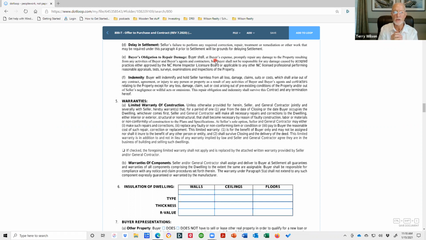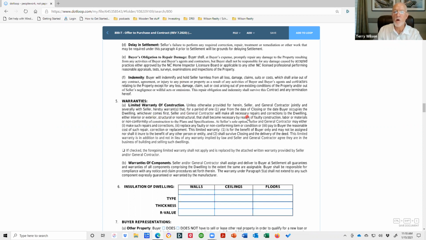Warranties, unless otherwise provided for herein, seller and general contractor jointly and severally with seller hereby warrant for a period of 1 year from the date of closing or the date buyer occupies the dwelling, whichever comes first. So it's a 1-year warranty.